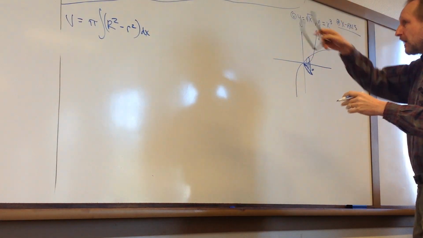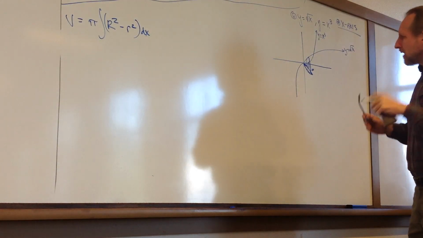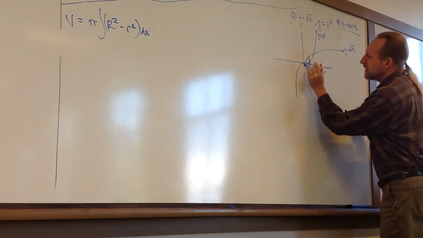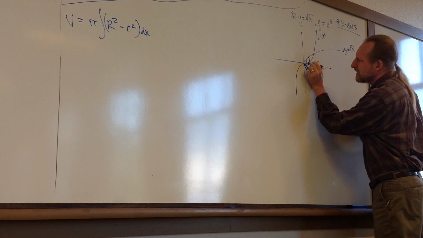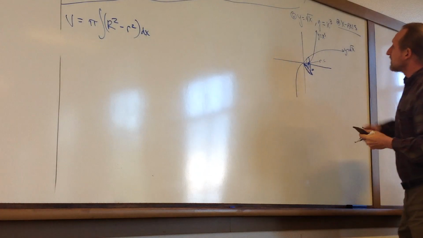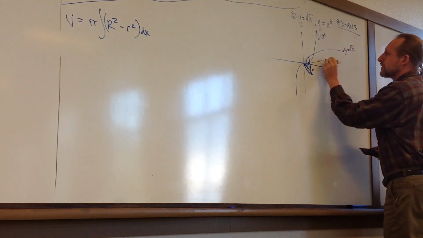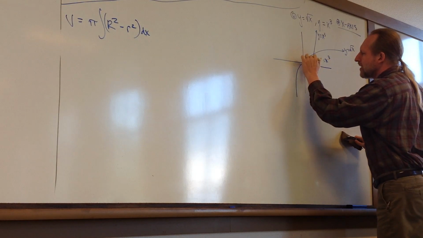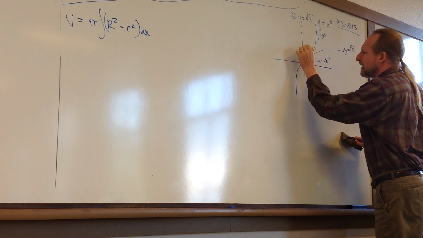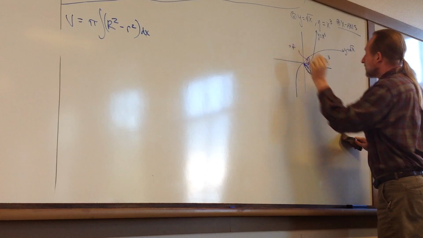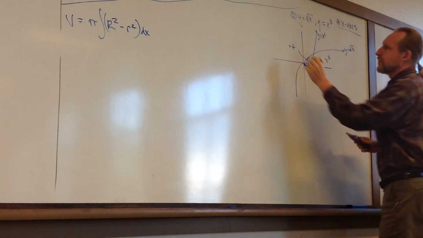So let's identify our radii here, the big R and the little r. Well, the little r is right in there, and that's the x cubed function. Our big R extends all the way to the edge, and that's our square root function.